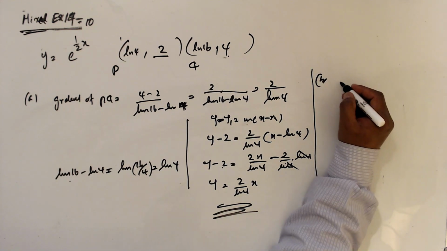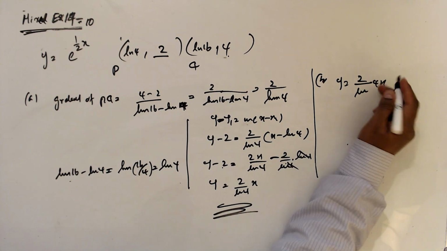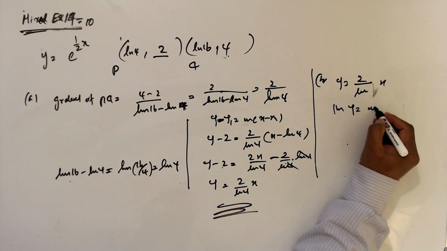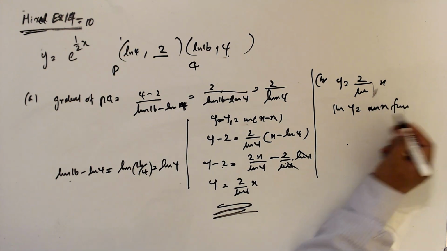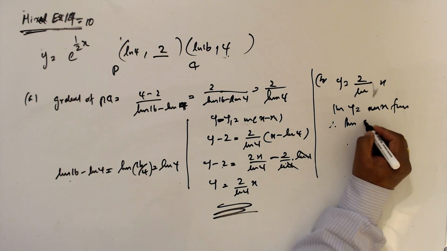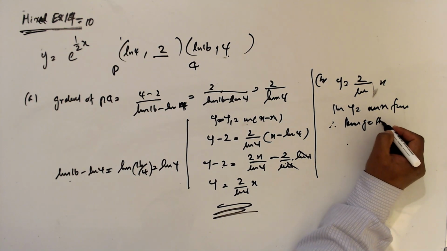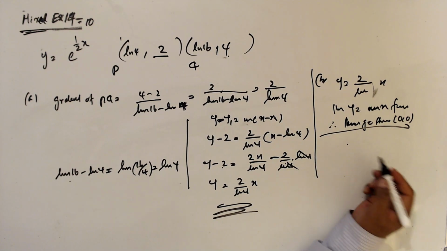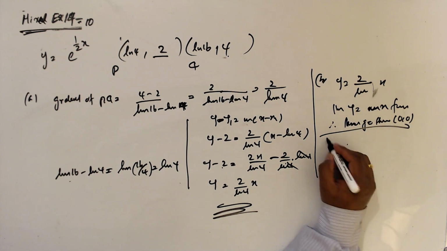So we have to show this goes through 0, 0. So we can write this in the form y equals mx. Hence this line goes through 0, 0. If we apply 0, 0, then it should be satisfied.